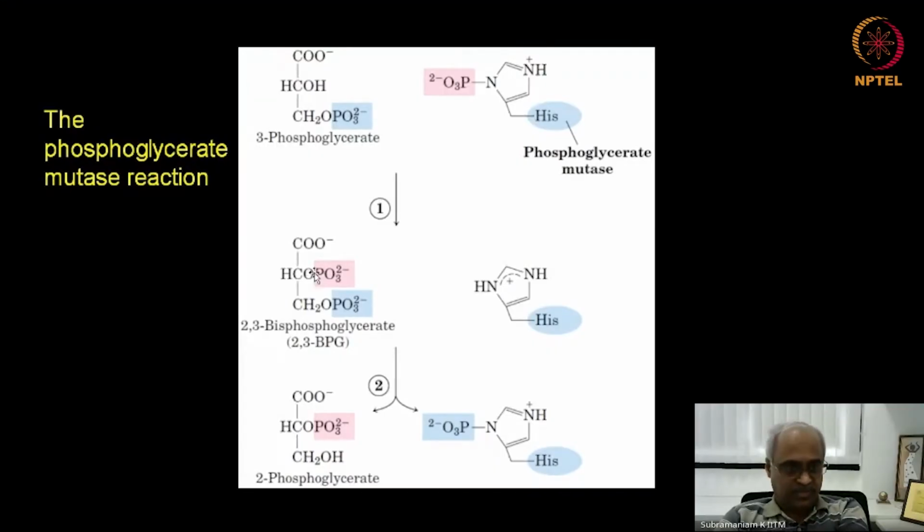And from this, the original third carbon phosphate is transferred to the enzyme, regenerating the enzyme's active site. So this is an important intermediate, a small quantity, but it's crucial to make the reaction continuously proceed. This 2,3-BPG is an important molecule in glycolytic regulation. So this is how the mutase makes the 2-phosphoglycerate.